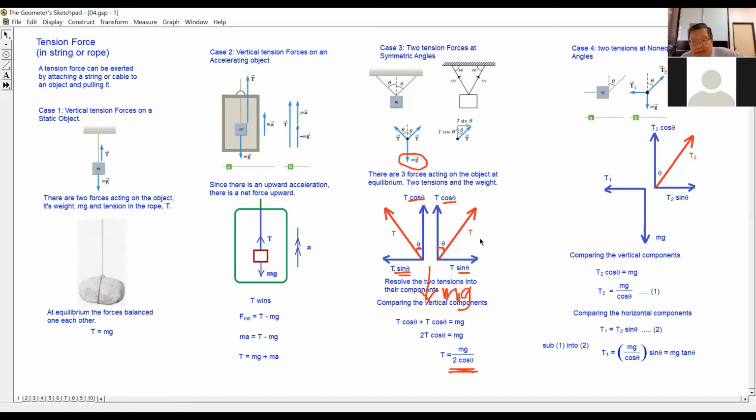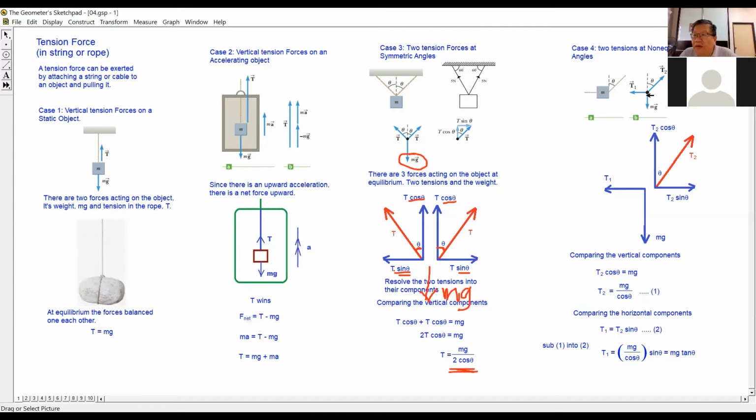Unlike our previous case, where the angle with the vertical is theta for both, so if the two angles are the same, then their tensions are the same.